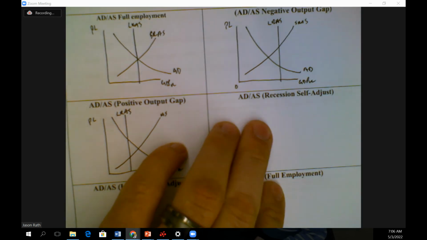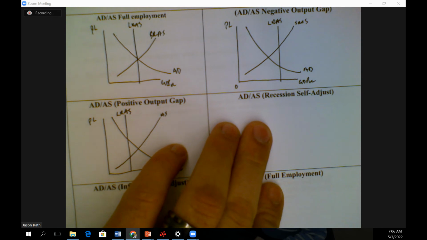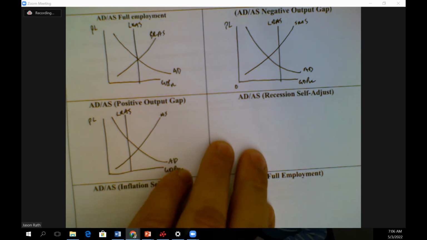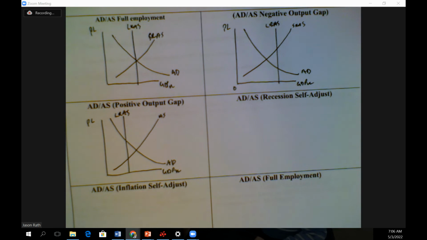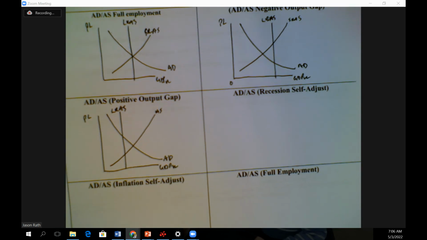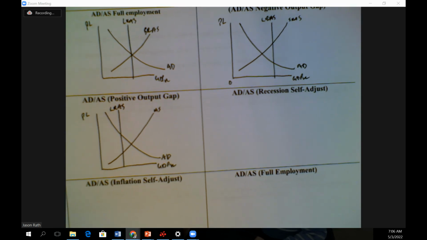What about the recession self-adjust? So you draw this again, right? And then now shift it if you can. How about you try it on your own, and then I'll do it with you, if you can. I mean, what do you mean, like self-adjust? Just like what you said.